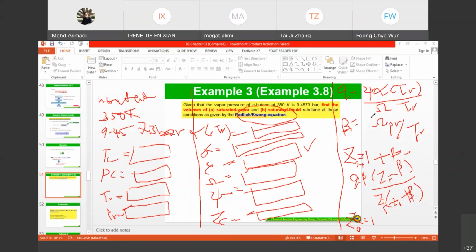So once you determine Q and beta, please substitute into these equations for vapor, and do the iteration. Please start with Z naught equal to 1.